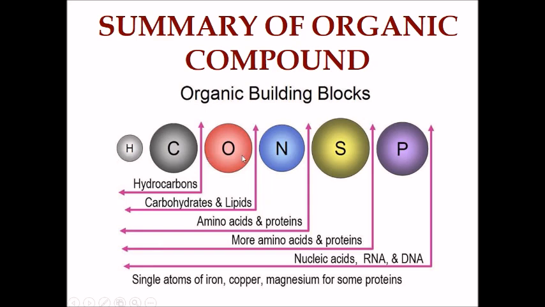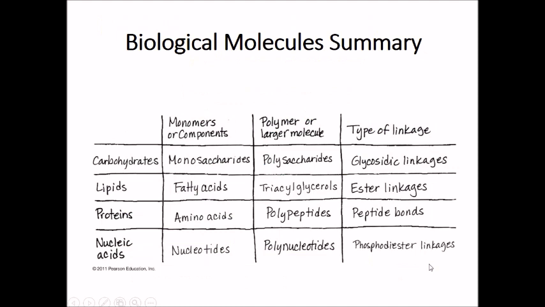And hydrogen, carbon, oxygen, nitrogen, and sulfur can form more amino acids and also protein. And then we have hydrogen, carbon, oxygen, nitrogen, sulfur, and also phosphate, which is phosphorus. Okay, they can form the nucleic acids, which are DNA and also RNA. So this one also you have to remember.